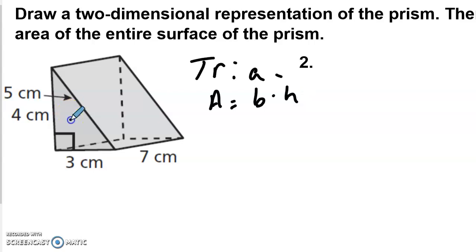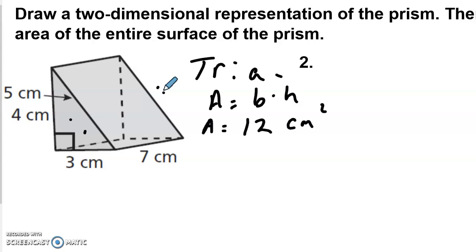Except I have a triangle here, and I have a matching one on the back. So there are 2 of them that are the exact same. So I'm only going to multiply the base and the height. And that means my triangles together are 12 centimeters squared. So that covers both of them, this one and this one.